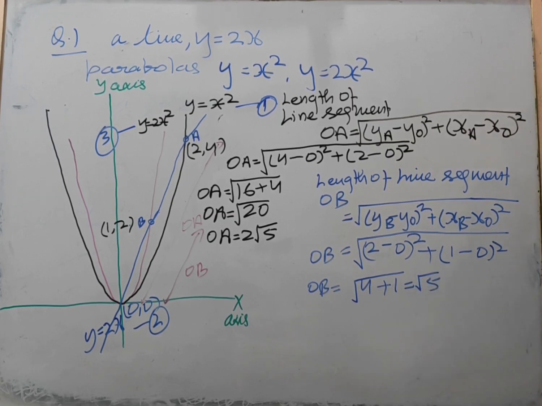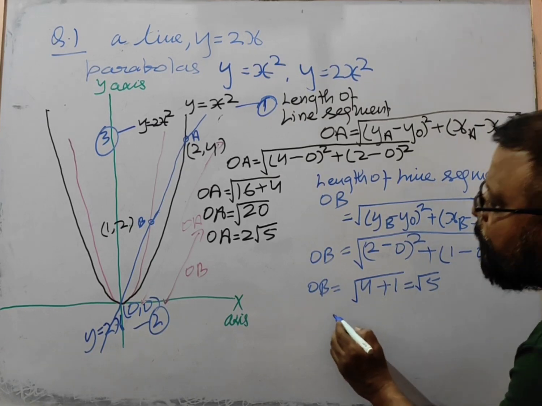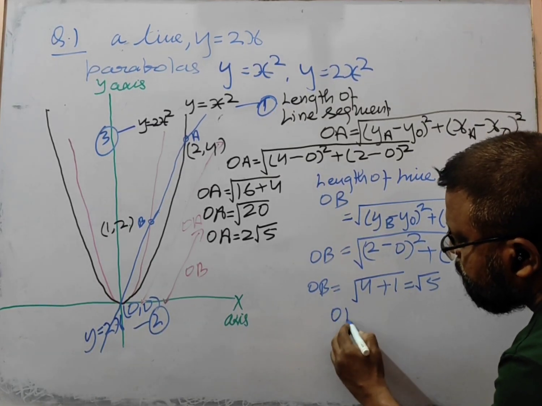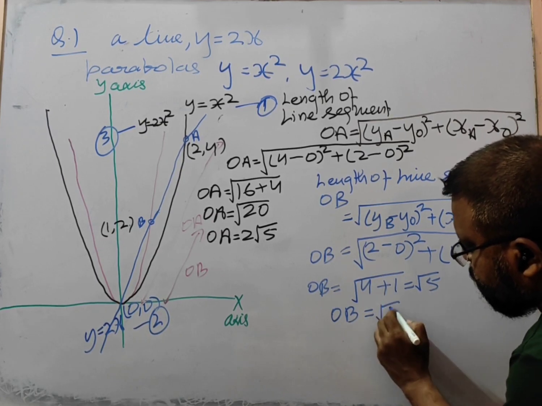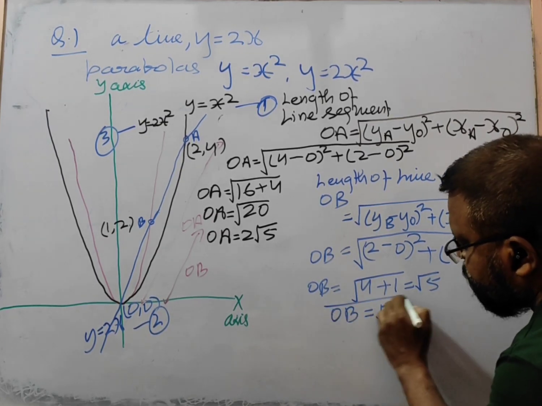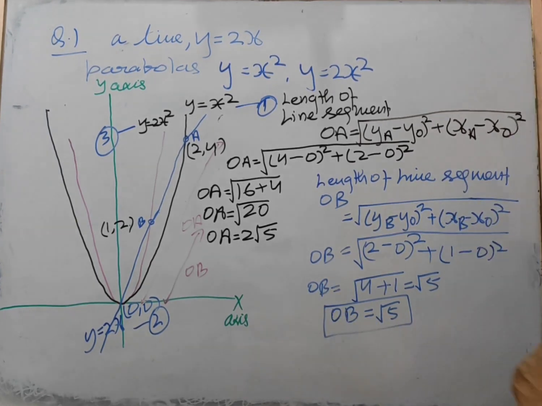Got it? So OB is root 5. Is it okay? So this is what we have to find.